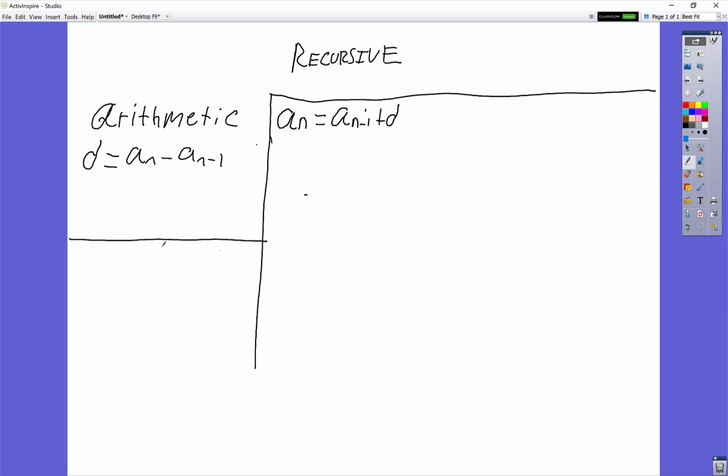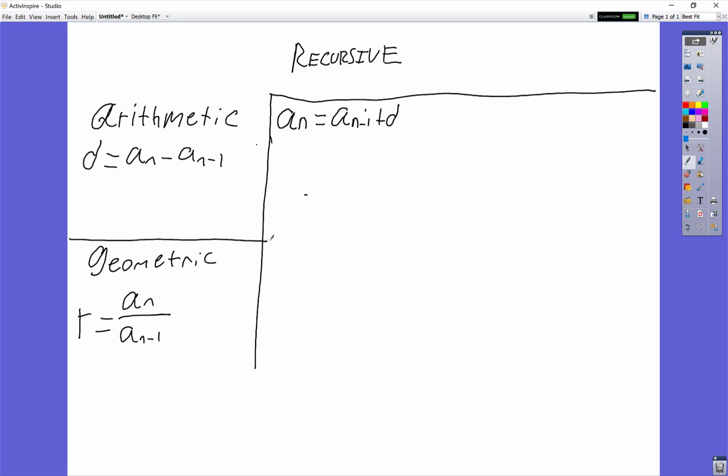Now you have a geometric sequence. The common ratio for a geometric sequence is r is equal to an divided by an minus 1. Each term divided by the previous term.